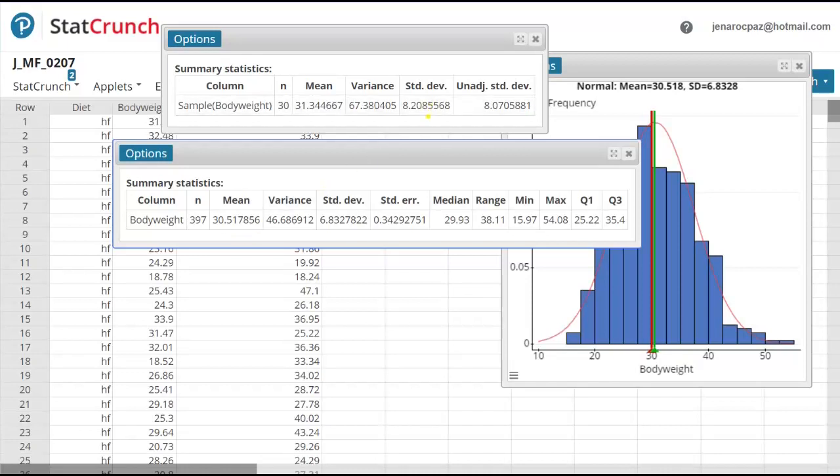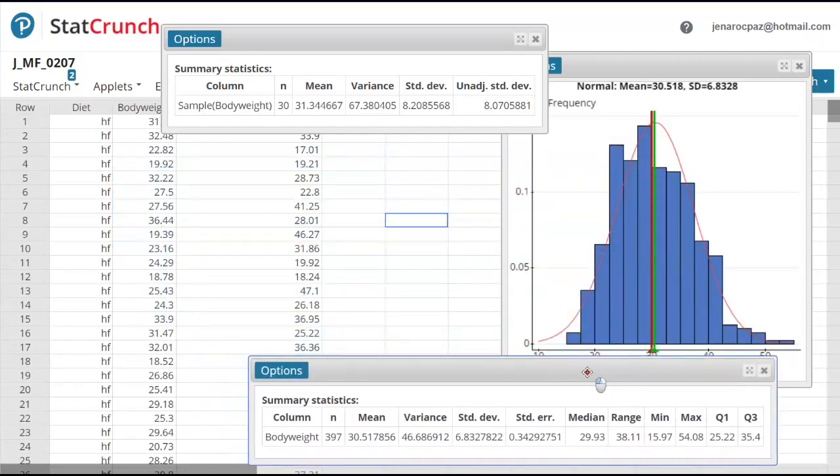And for the standard deviation, the mean of all standard deviations from those samples is going to be the standard deviation of the complete data set. So let's see if it works.